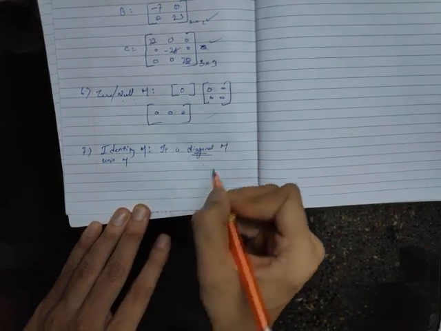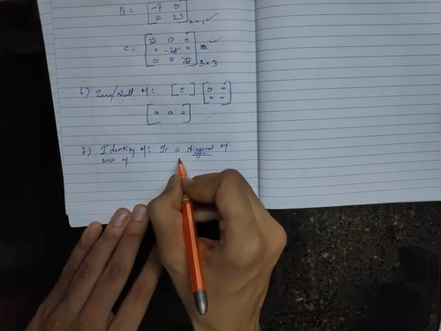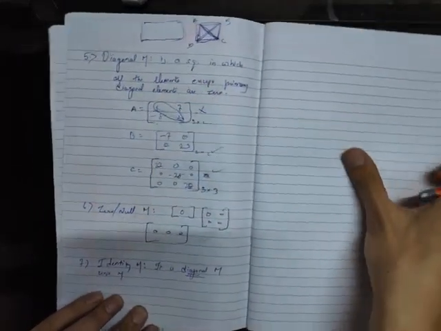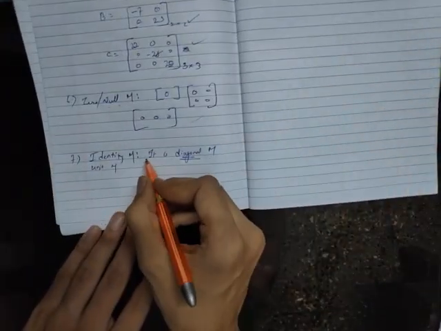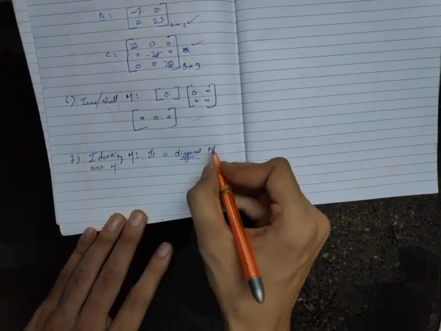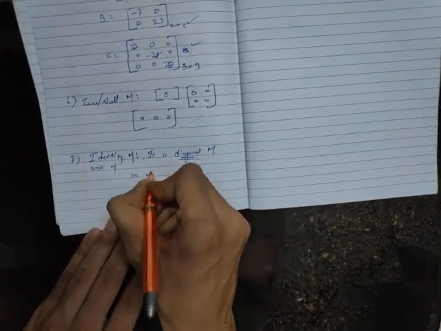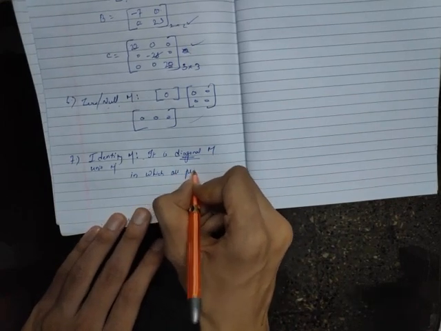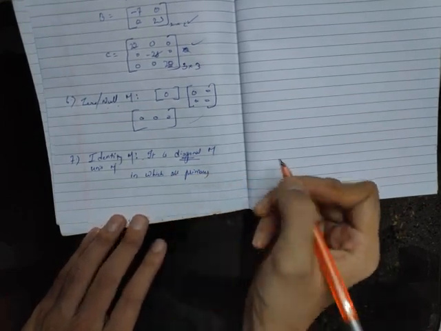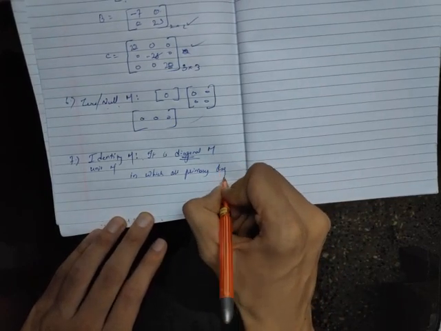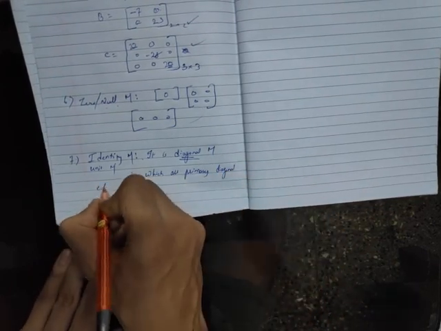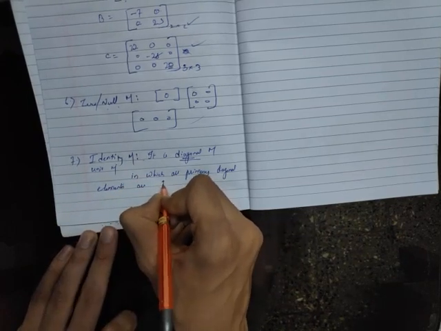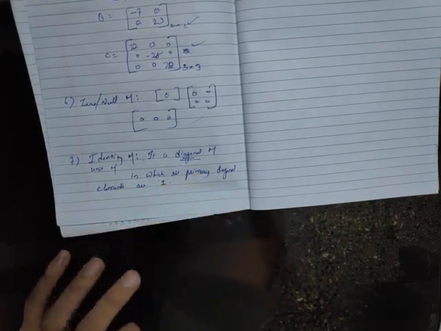When I say this, it automatically becomes a square matrix because a diagonal matrix is a square matrix. So an identity matrix is a diagonal matrix in which all primary diagonal elements are 1. That's a condition.